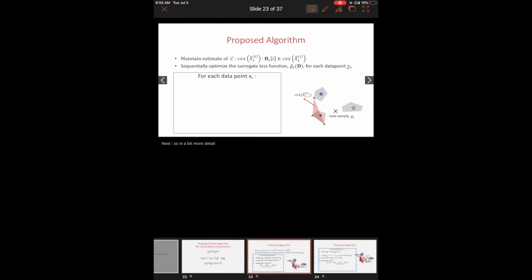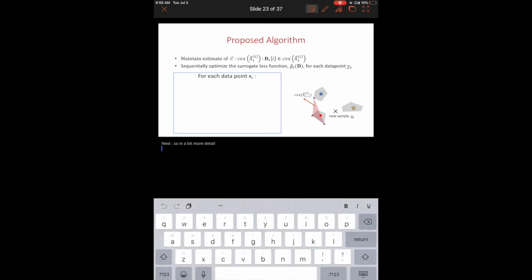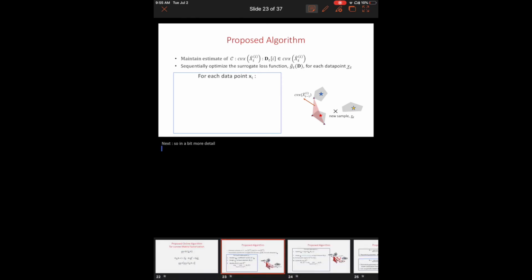For each data point x, we update its coefficient vector alpha t by fixing the dictionary to the previous estimate of the dictionary. That is, we update the coefficient vector for the data point by minimizing the loss function for the data point while fixing the basis vectors to the previous estimate.